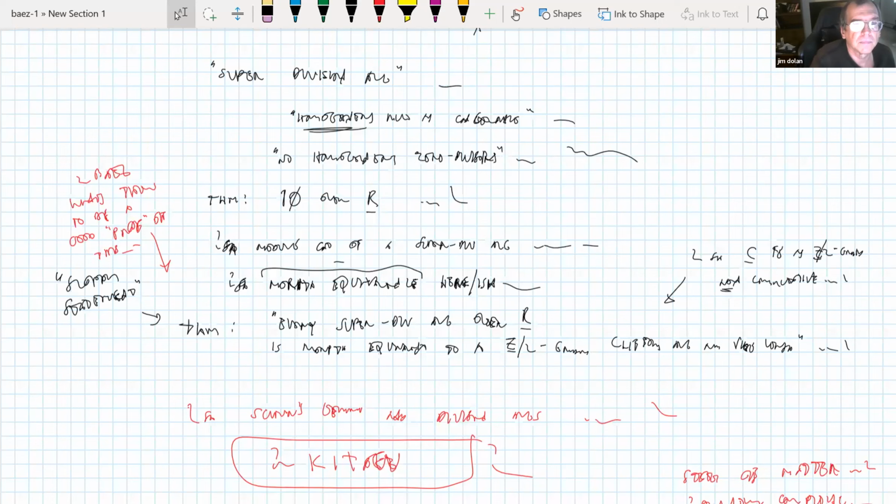Let's see. I'm going to turn on my screen sharing or something here. Why is it doing that?